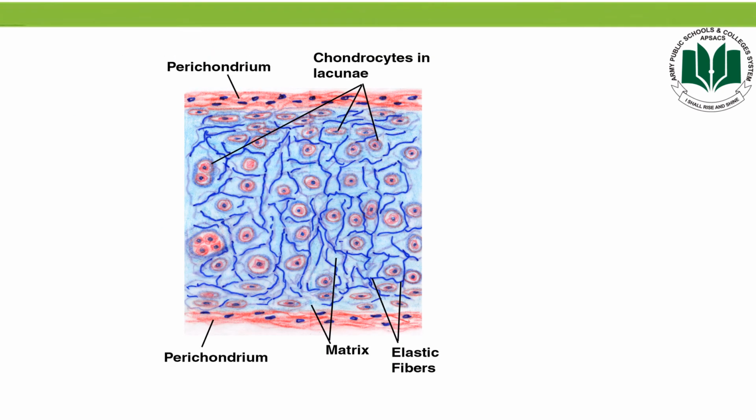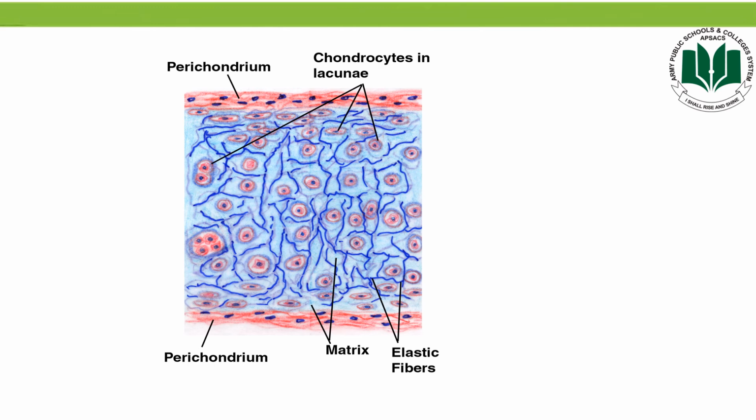Okay students, this is simply the structure of cartilage. As you see in the diagram, the outer external covering of the cartilage is called perichondrium, which is composed of a dense layer of collagen fibers, and inside it we have a matrix as well.